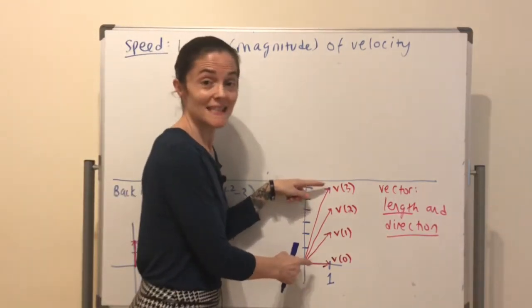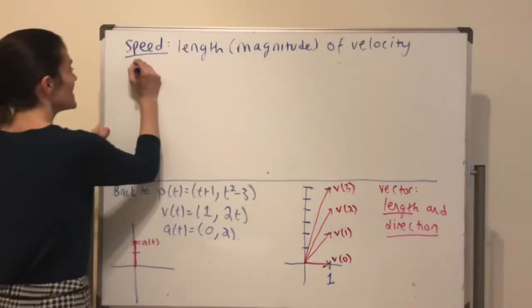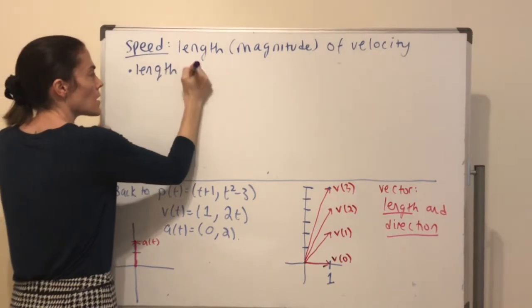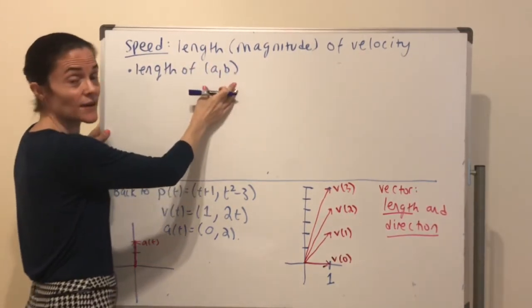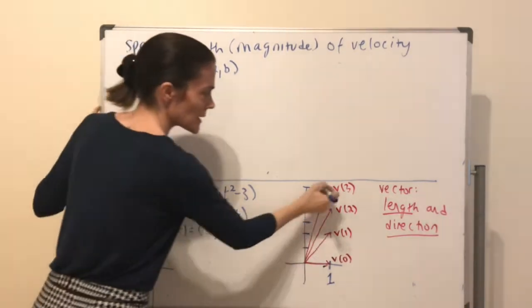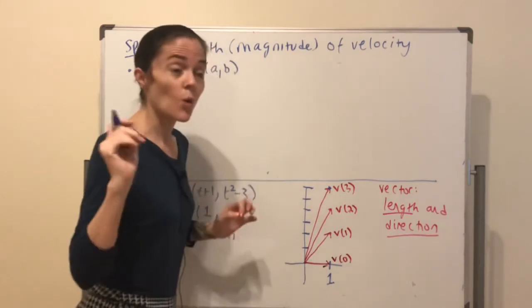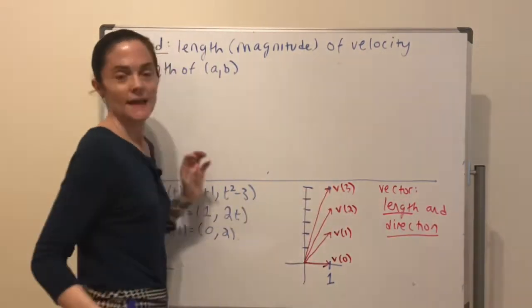What would this length be? If this is some point a comma b, so the length of this, and when we write this in the calculuses, it can either mean the point a, b, or it can mean the vector starting at the origin and ending at that point.